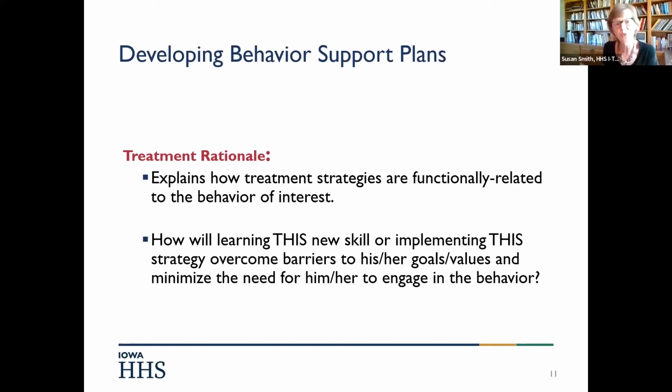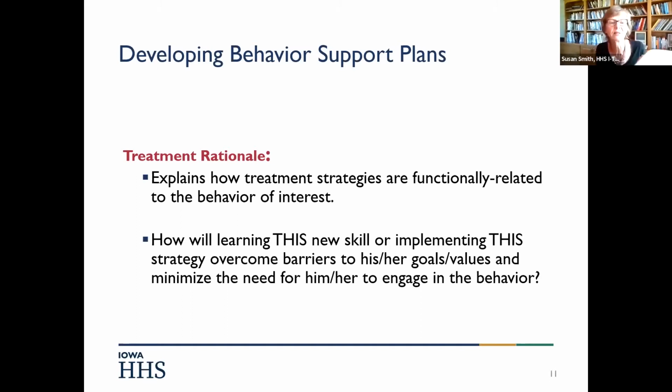While there's nothing wrong with those skills, they're not functionally related. So this kind of helps put this all together. It helps explain why this new skill is being taught and how the strategies staff are using are going to dovetail with the person's values and minimize their need to engage in that behavior.